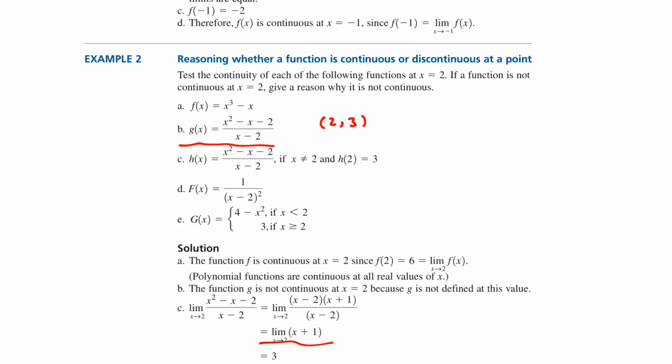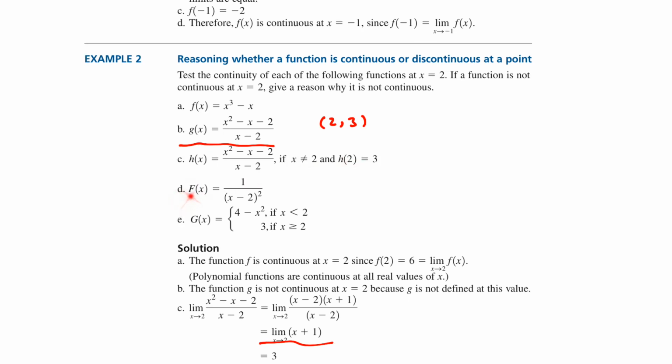Part C, h of x equals (x² minus x minus 2) over (x minus 2) if x is not 2, and h of 2 is 3. Basically, h of x is an extension of g of x, and it is defined at 2. This function is continuous at x equals 2.